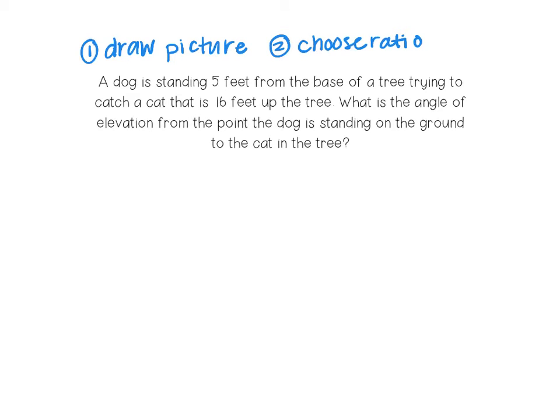So in this situation, we have a dog. So let's draw our dog. He can be down here on the ground. And he's standing 5 feet from the base of a tree.